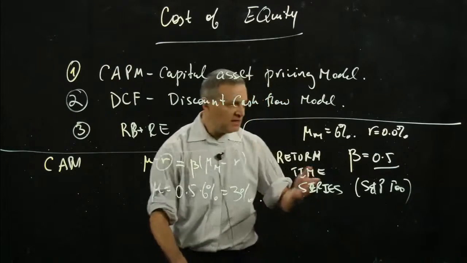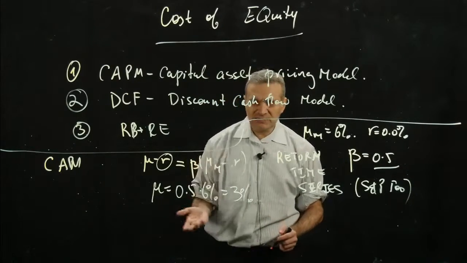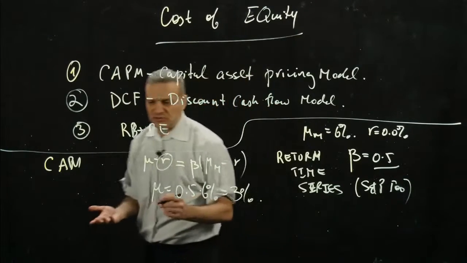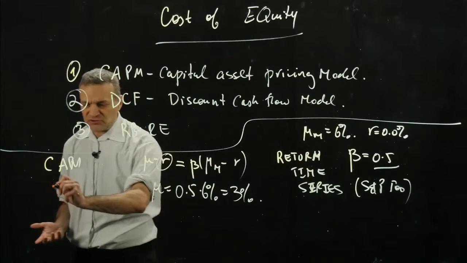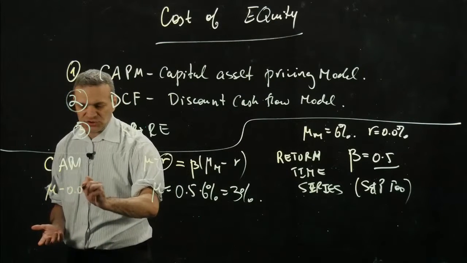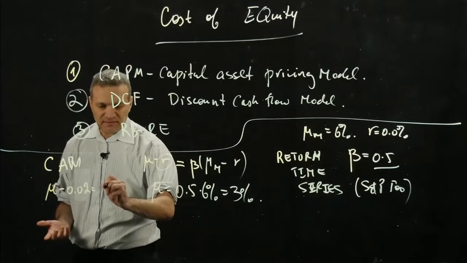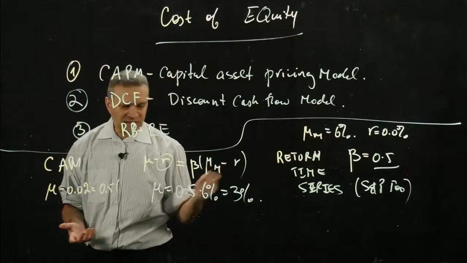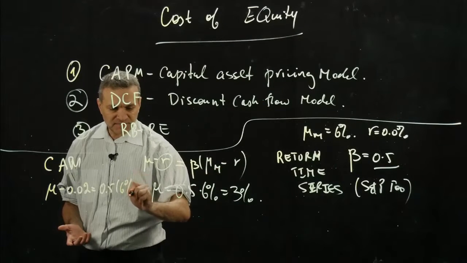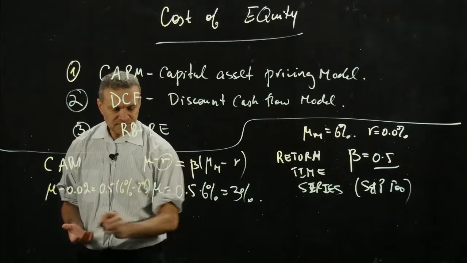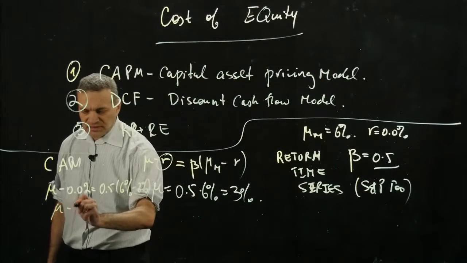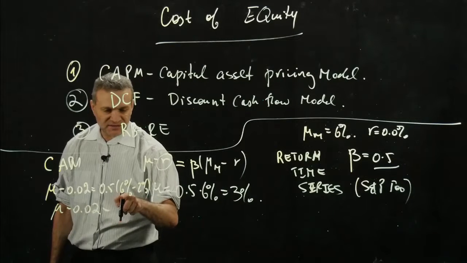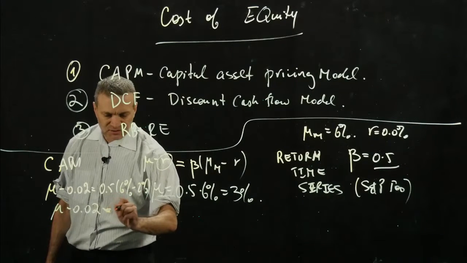If your future expectation of R is 2%, I have mu minus 0.02 equals 0.5 times (6% minus 2%), so it's 0.02.